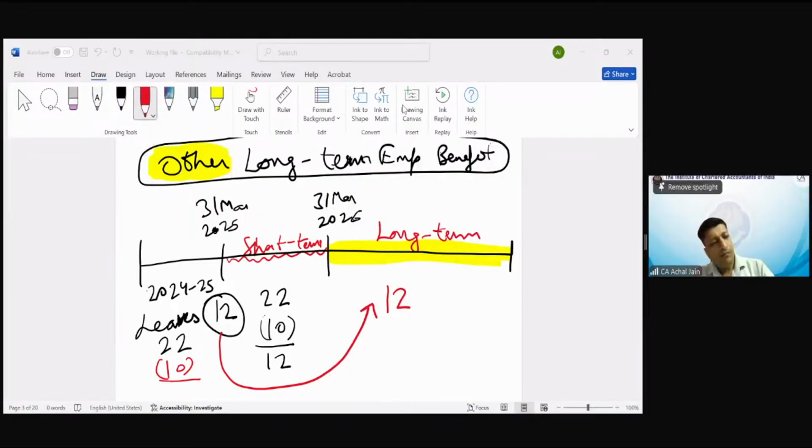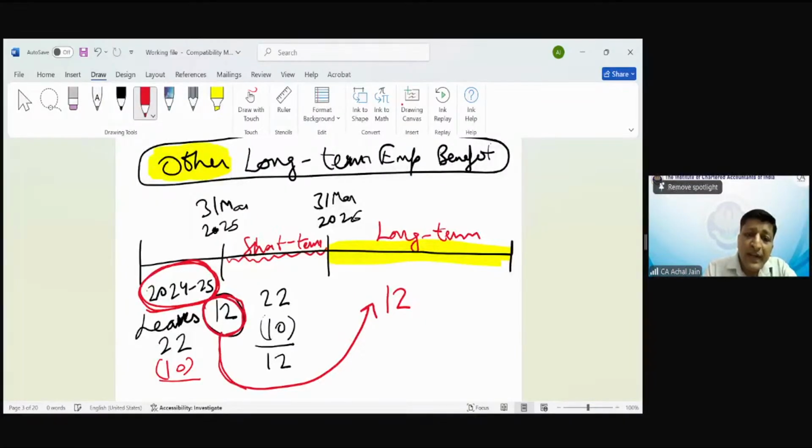Sir, here in this leaves example, 12 leaves will be carried forward. Yes, 12 of the first year. So we are talking about this 12 of 24-25. When you record the liability for 24-25, you are expecting that this 12 will not be availed in the next year.